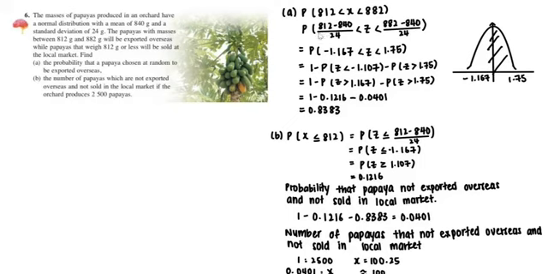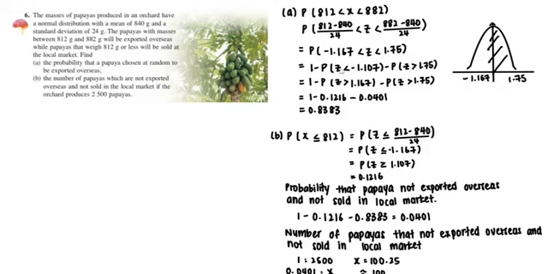We use the formula S minus mean divided by standard deviation, and we get these values. We can draw a standard normal distribution, and the region is between negative 1.167 and 1.75.